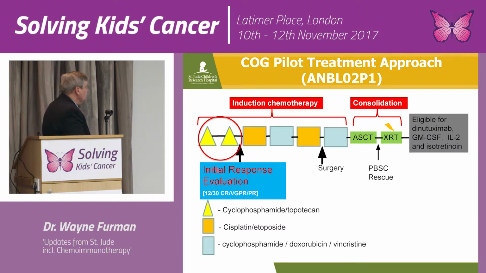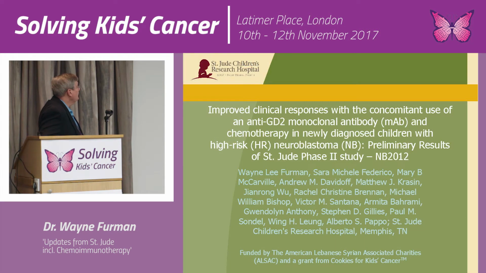This was the pilot trial for the just-closed Children's Oncology Group trial with the tandem transplant out here. But it had identical chemotherapy. And so we wondered, and that 40% response rate, 12 of 30, was measured right after these 2 cycles of cyclophosphamide-topotecan. So this was our historical comparison.